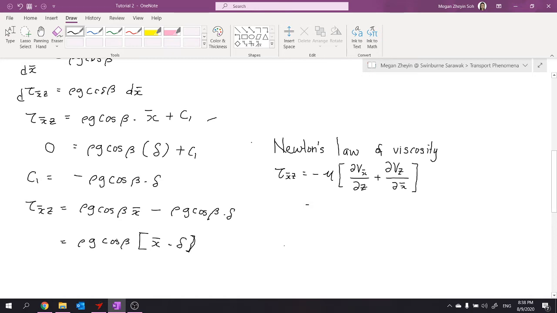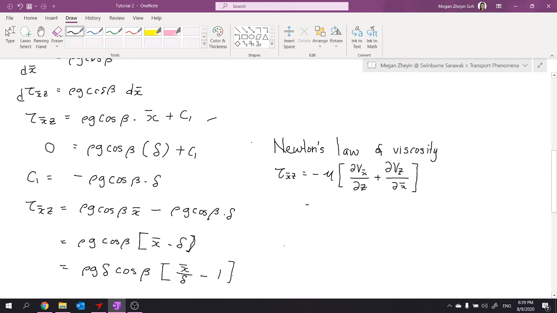Then we take delta out, which gives us rho g delta cos beta multiplied by x bar over delta minus 1.